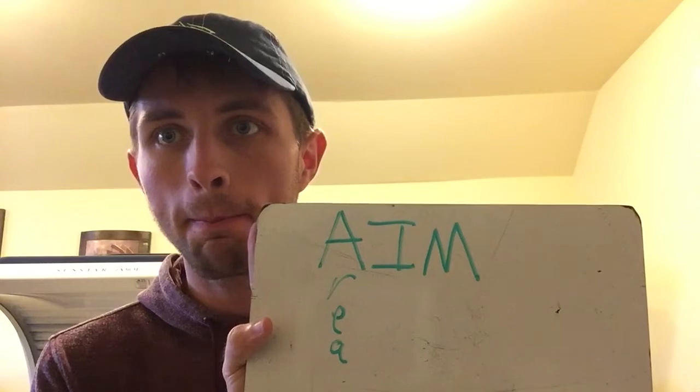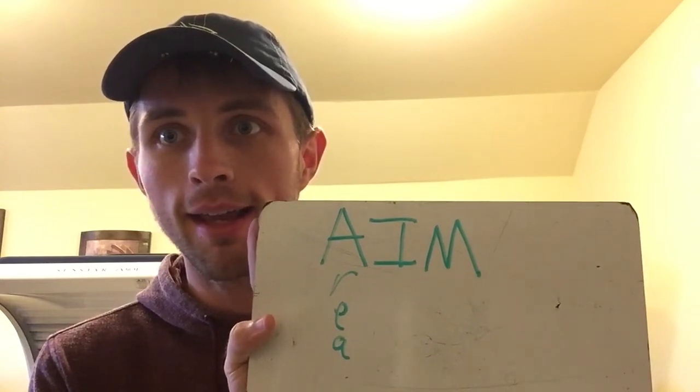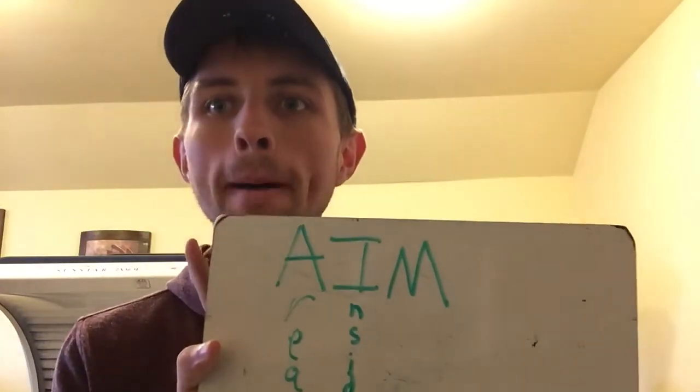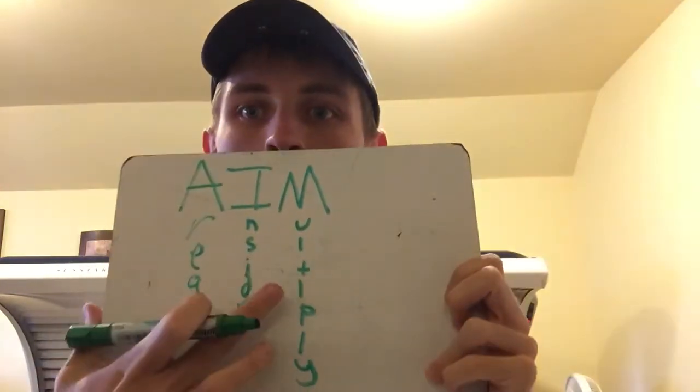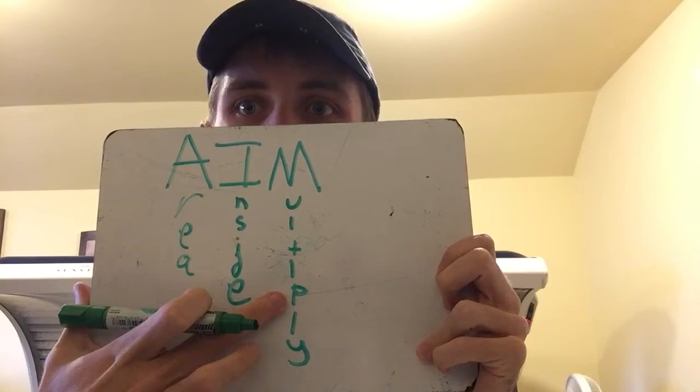Area takes place where? On the inside. And because it takes place on the inside, what do we do? Multiply. So remember, area takes place on the inside, so we multiply, right?